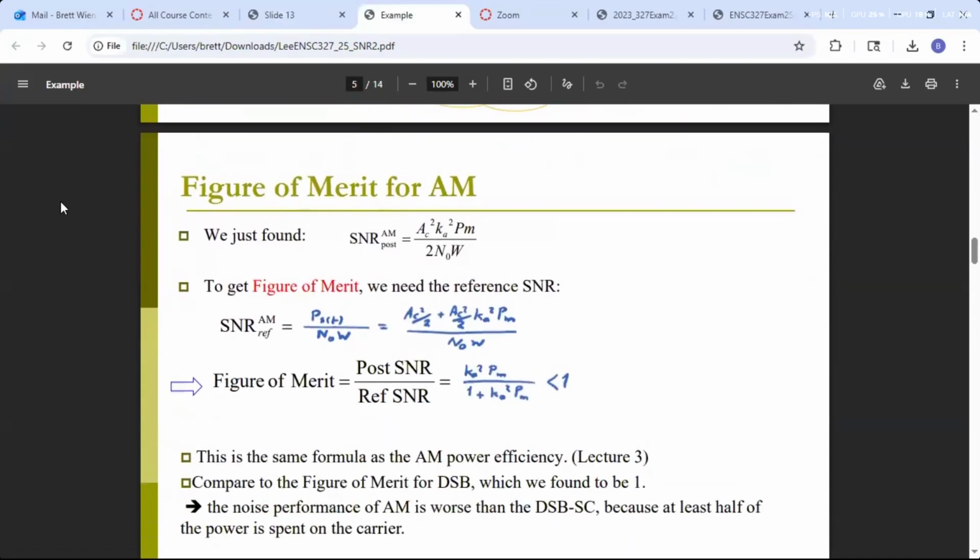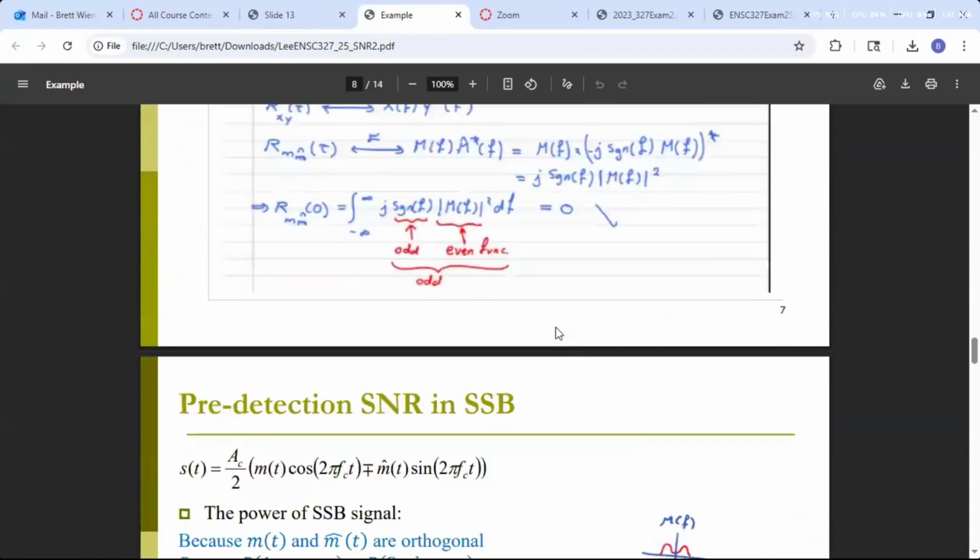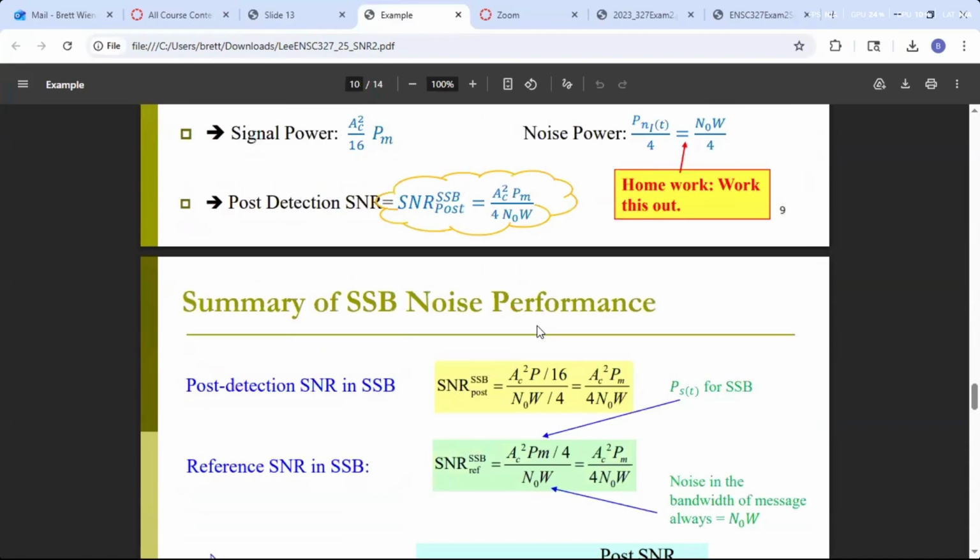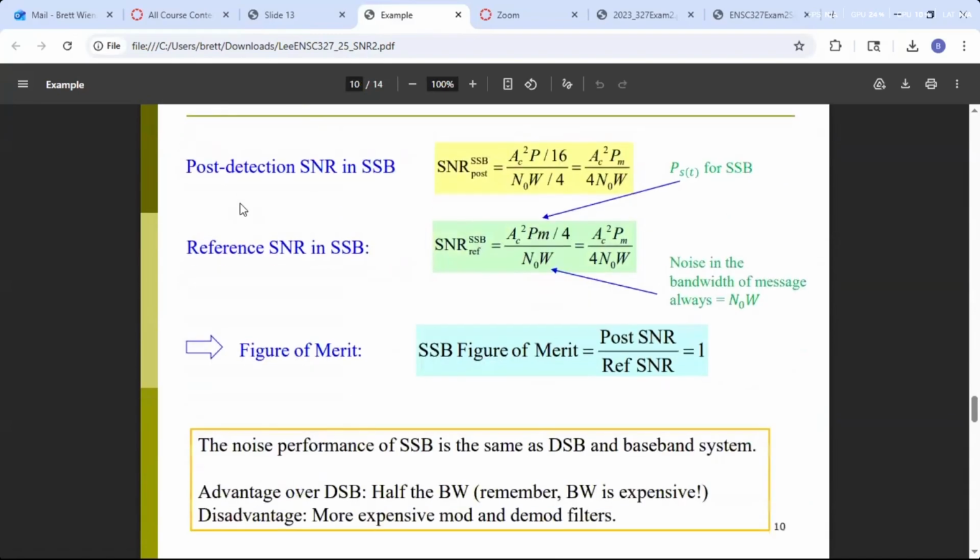Here is our post-detection SNR and figure of merit for AM. We just went through this, and we just did our SSB as well. So again, here is all of our important information for single sideband: the reference SNR, which in this case is the same as the post-detection SNR, and the same as the pre-detection SNR, in fact.